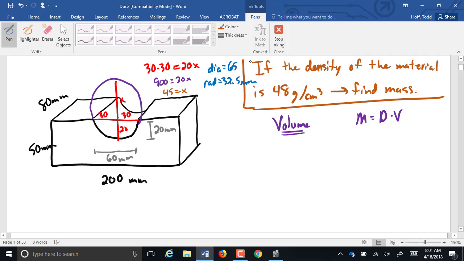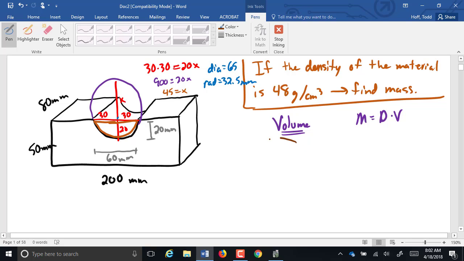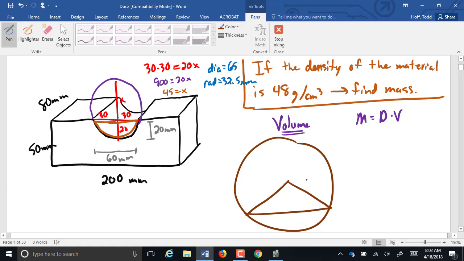So let's find the area of that segment of the circle. I'm going to redraw it a little bit bigger over here. We know this is 32.5. We know this piece is 30. I can find that angle there. That angle is going to be the big one.